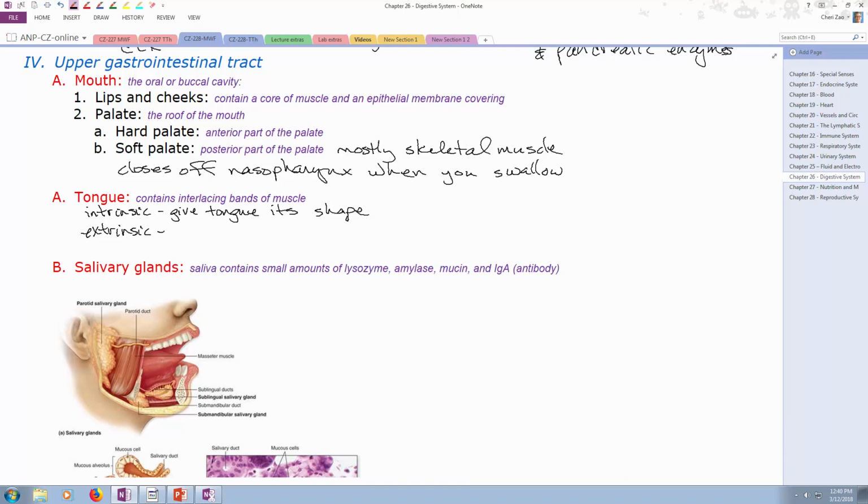The shape of the tongue is dependent upon your intrinsic muscles. The combination of the use of the intrinsic and extrinsic muscles helps us to mix our foodstuff with saliva and create the bolus.